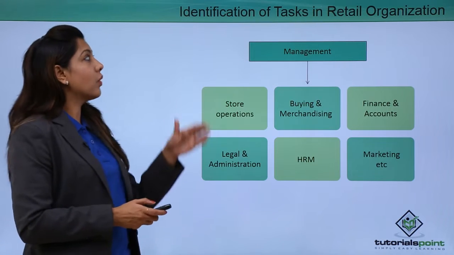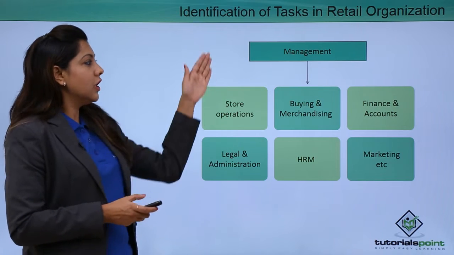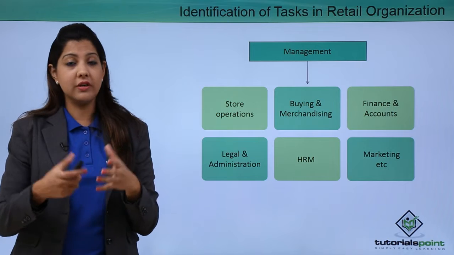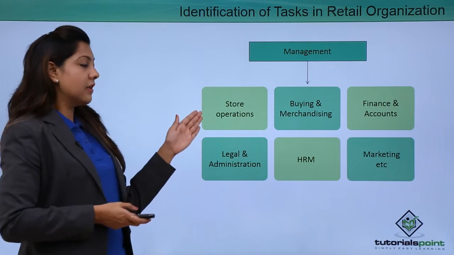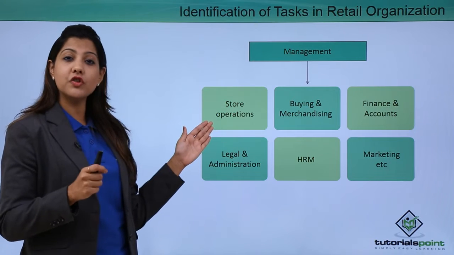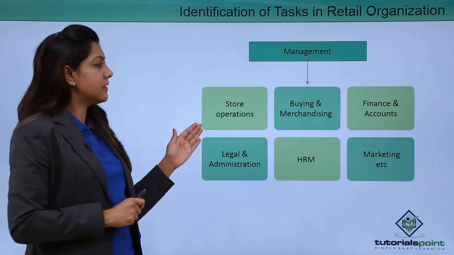Let's now look at the identification of tasks in a retail organization. A management, which is the head of a retail store, a store manager for example, has different functions to look at. That is the store operation. He has to understand that the store is running efficiently and productively without any hassles or obstacles.